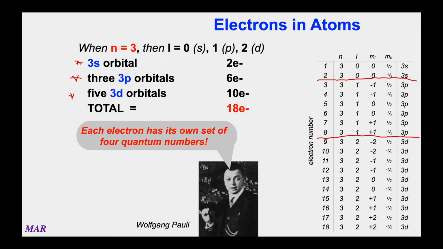The 3s subshell has 1 orbital for 2 electrons. The 3p subshell has 3 orbitals for 6 electrons. And the 3d subshell has 5 orbitals for 10 electrons. There are 18 electrons total in the n equals 3.